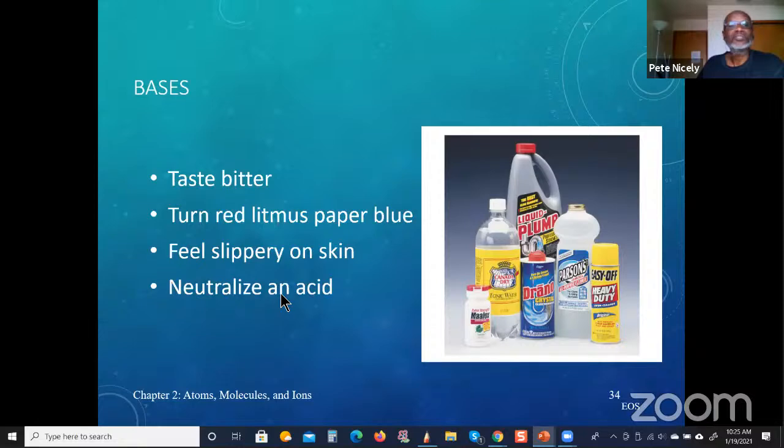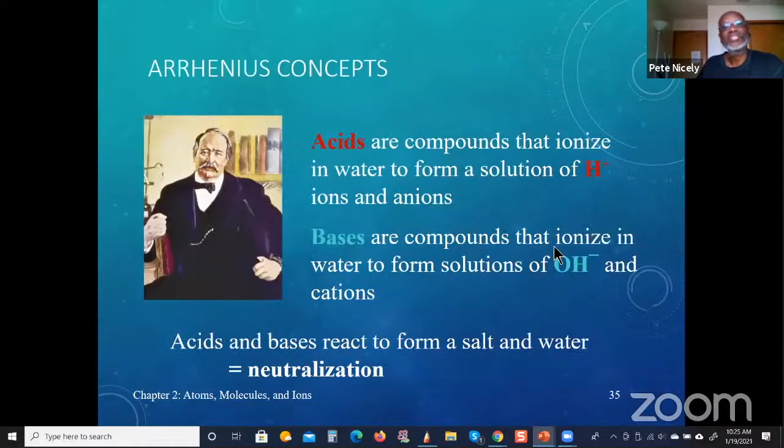Okay, now that we have covered some properties, let's talk about some concepts and definitions according to this guy, Arrhenius. Arrhenius came up with his particular definition of acids. According to him, acids are compounds that, when added to water, form a solution of hydrogen ions and an anion, while bases are substances that, when added to water, form solutions of hydroxide ions and cations.